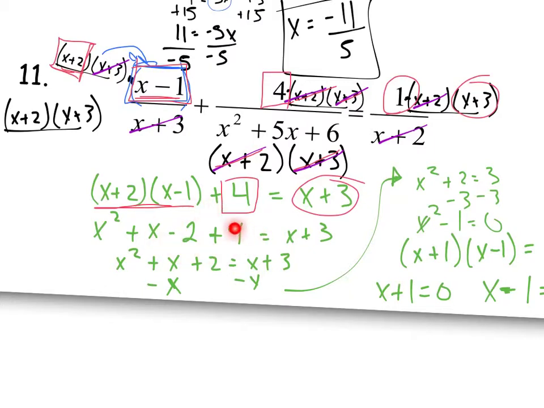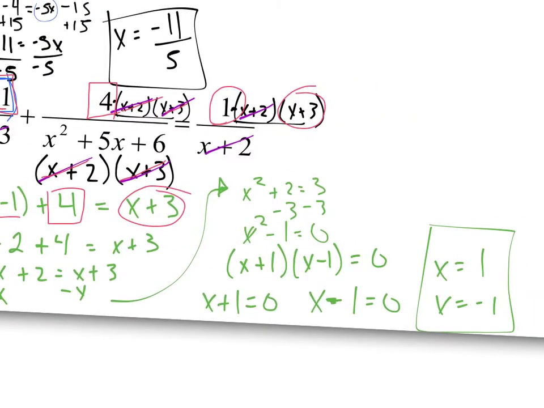Simplifying, or combining like terms, negative 2 plus 4 is a positive 2. Subtracted x from both sides to move this x over there, but I also noticed that that cancels out. So that leaves me with an x squared plus 2 equals 3. Subtract 3 from both sides to get that 3 out of there.